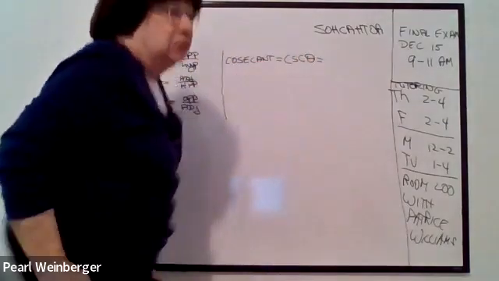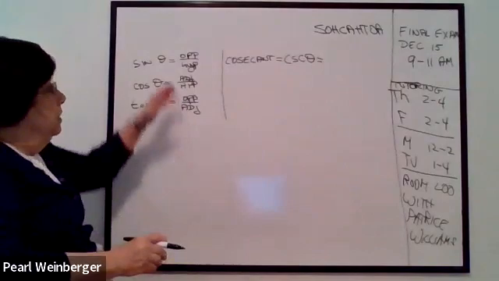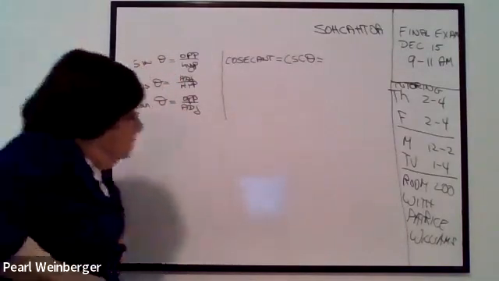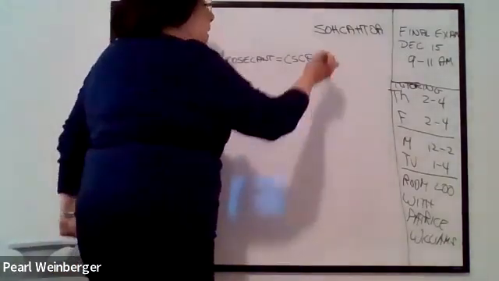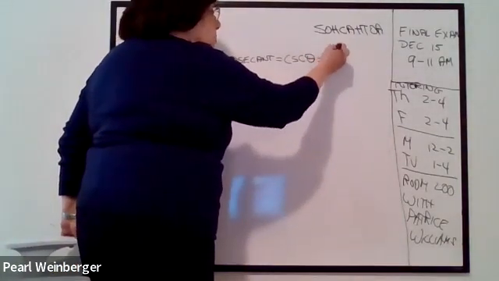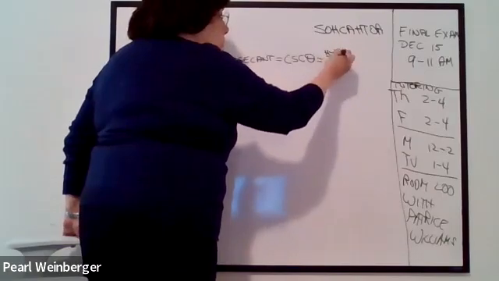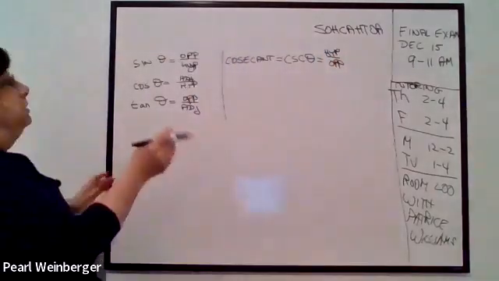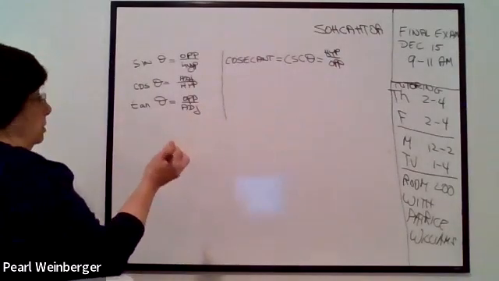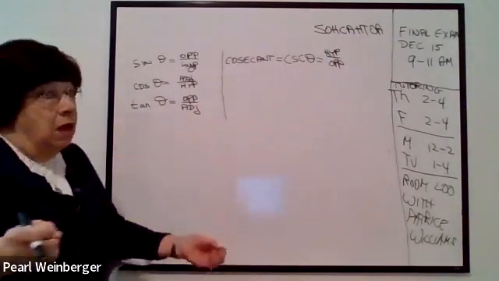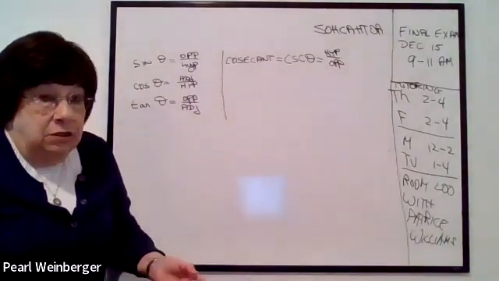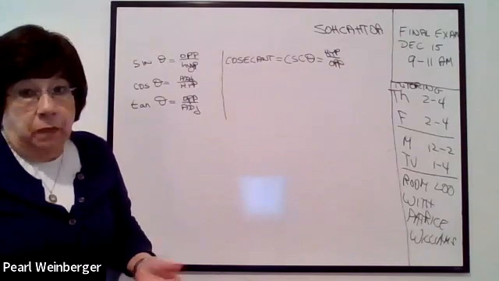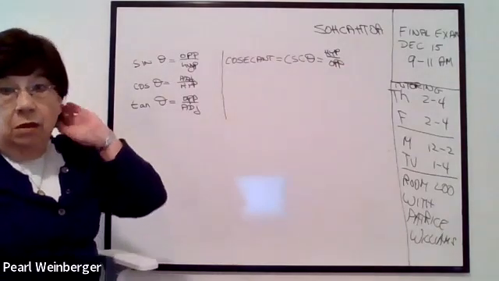Each one of these is the reciprocal of one of the others. The cosecant is the reciprocal of the sine. In other words, the cosecant is the hypotenuse over the opposite. We'll do this with specific numbers in a few minutes. But if you can find the sine and you have the fraction that's the sine, all you have to do to find the cosecant is to flip it over. It's a reciprocal.